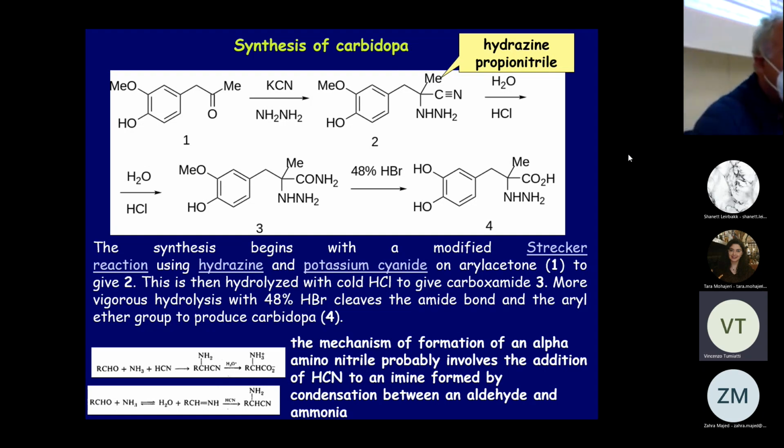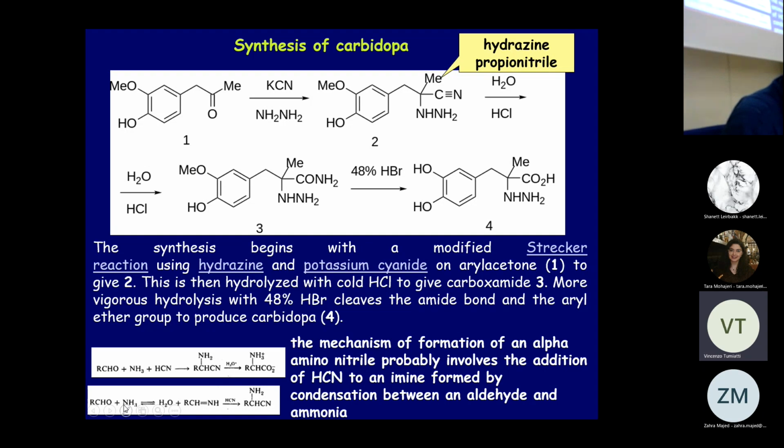Once again, you can see here on your left the mechanism of the Strecker reaction. This type of reaction is able to give an amino acid function.